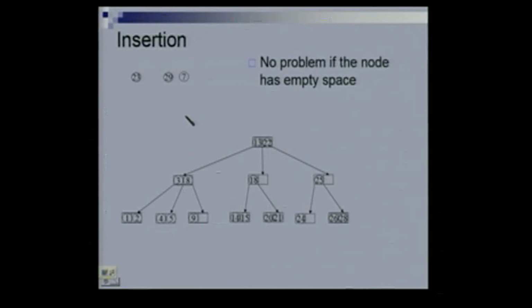So, nothing to be done. No problem if the node has empty space. Similarly, 23, come here, go right, less than 25. So, it comes to this space, and in the node we are just keeping it ordered. So, let us say 24 will make way and 23 will come at that place.